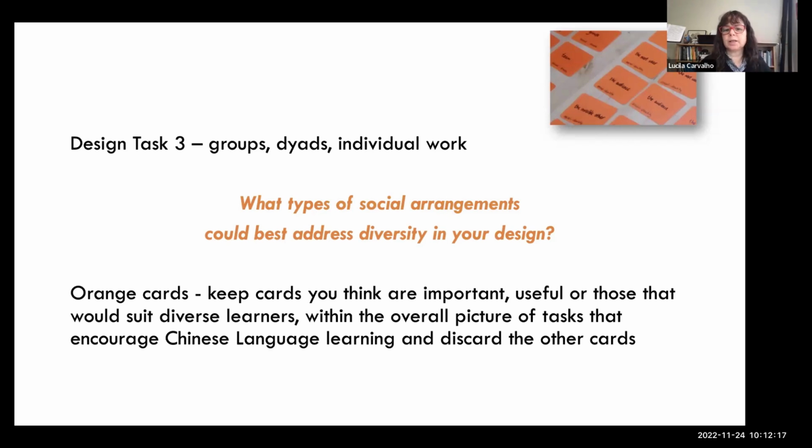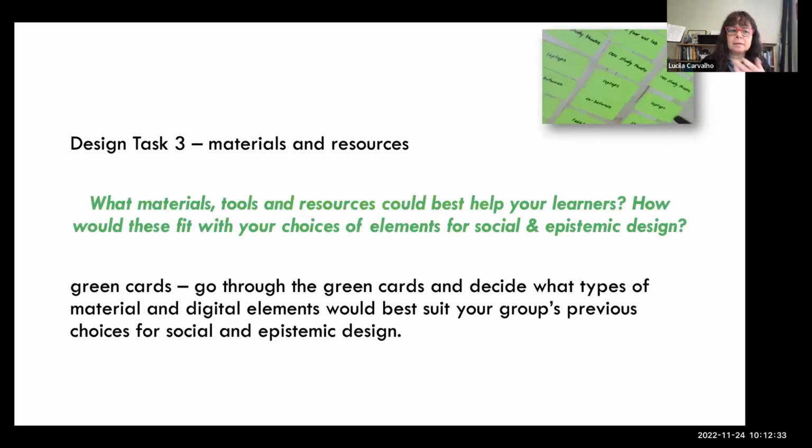Considering what they have selected in terms of the learning tasks, they now think about the social design, again going through the cards, discarding those that were not useful and keeping the ones that were interesting. Then they do the same with the tools and resources and the set design cards, again selecting some to stay and some to go.